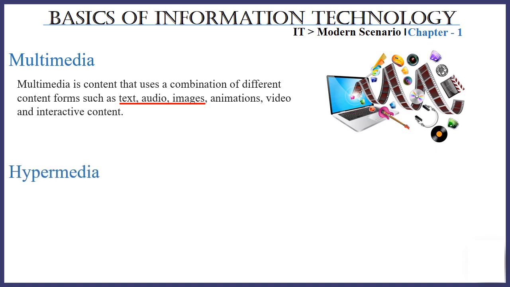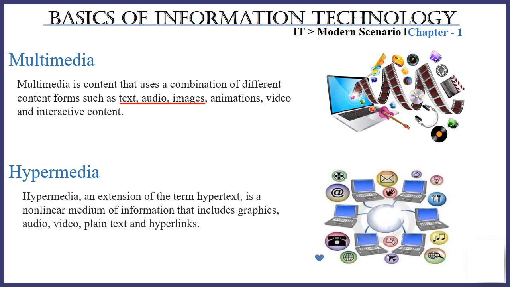And the next is hypermedia. Hypermedia is basically similar to multimedia, but it has the extension of the term hypertext that includes graphics, audio, video, and hyperlinks. It has advanced qualities to display more efficiently so that everyone can enjoy while watching.